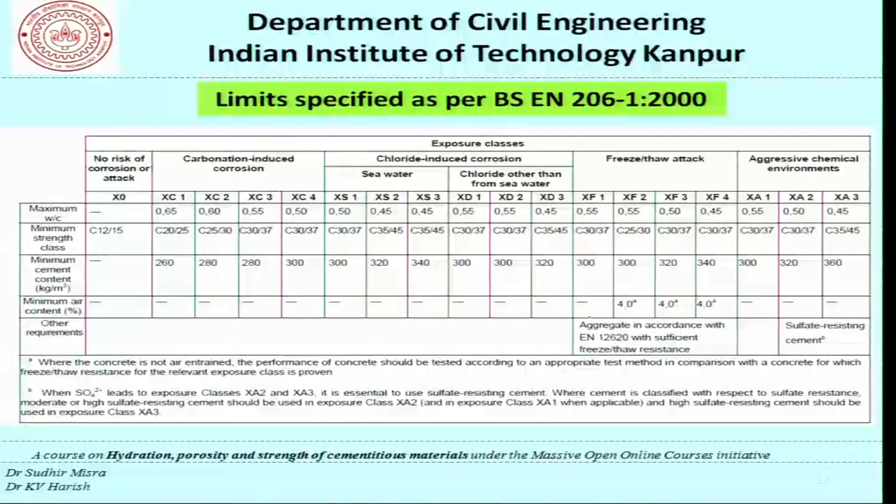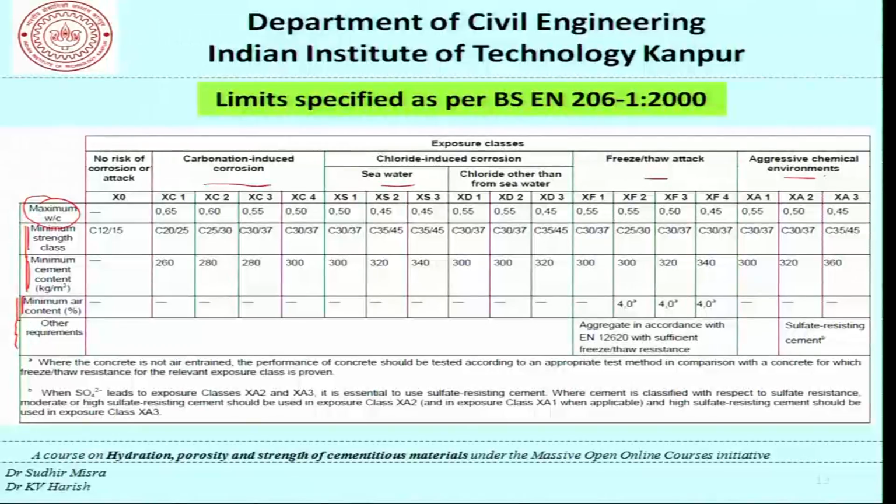Now, if we come to, let us say, a document like BS EN 206-1 of 2000, here are the maximum water cement ratios or the minimum strength class, the minimum cement content, minimum air content and any other requirements for different types of exposure classes.